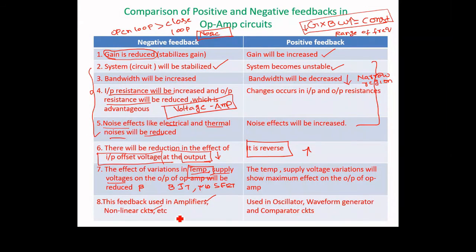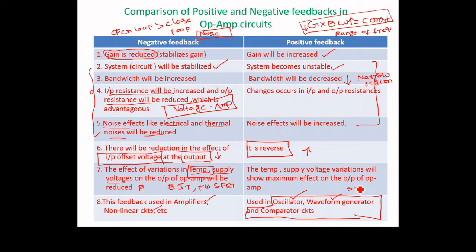When we use the op amp in negative feedback, of course, there are a lot of disadvantages when we use the op amp in positive feedback, but there are also certain applications. One major application where the device is useful when we are operating the op amp or any device in positive feedback is generating waveforms.